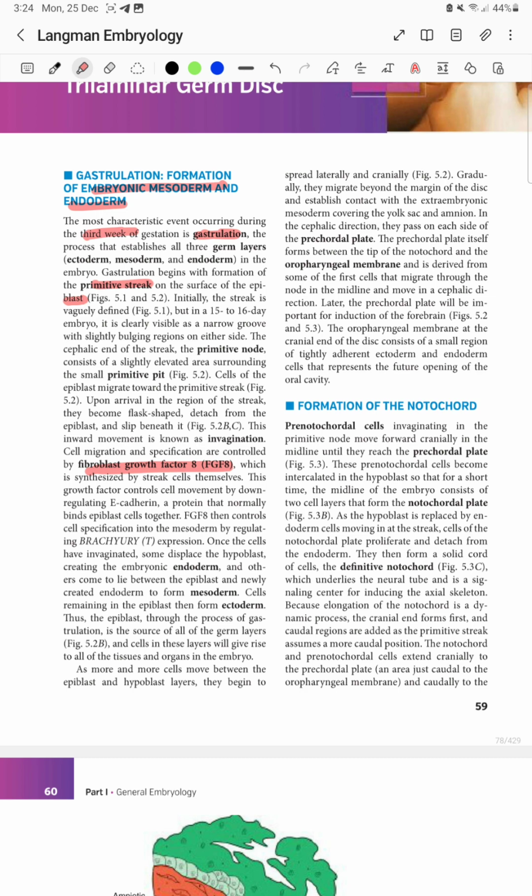Probably the explanation may be that E-cadherin restricts the mobility or movement of epiblast cells. This E-cadherin is downregulated by FGF8, or fibroblast growth factor 8, so the epiblast cells can move and get mobilized towards the primitive streak.